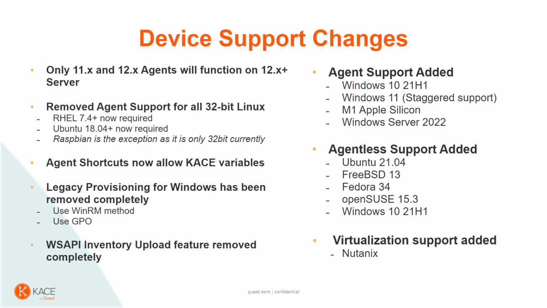It also adds support for M1 Apple Silicon, and Windows Server 2022. Agentless support can now be used for Ubuntu 21.04, FreeBSD 13, Fedora 34, OpenSUSE 15.3, and Windows 10 21H1. Version 12 of the SMA begins the support for using Nutanix as a virtualization platform.